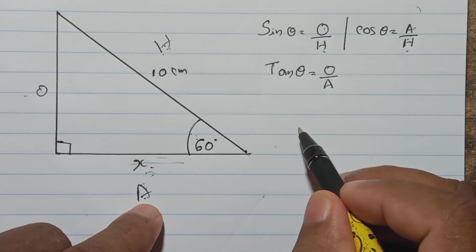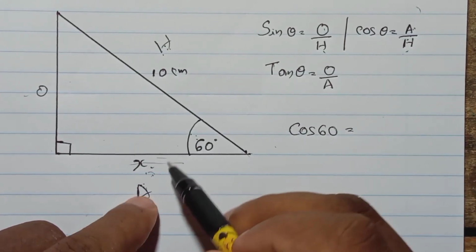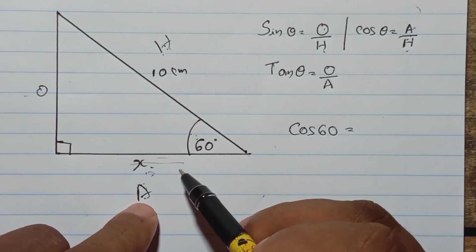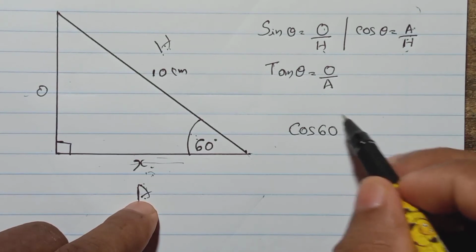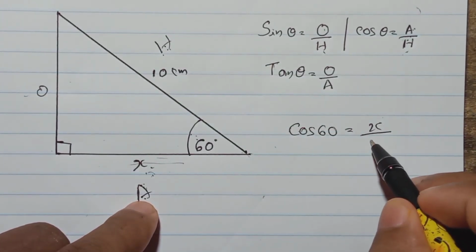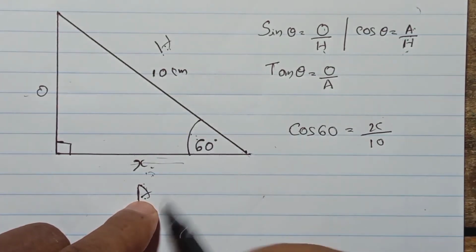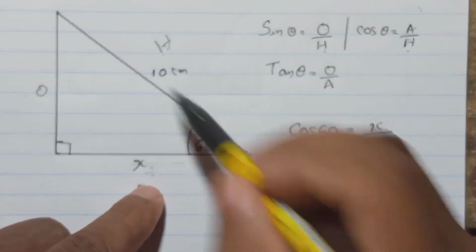What is cos 60? Cos 60 equals, like I told you earlier, adjacent over hypotenuse. So I will write x over 10. Adjacent is x, hypotenuse length is 10.